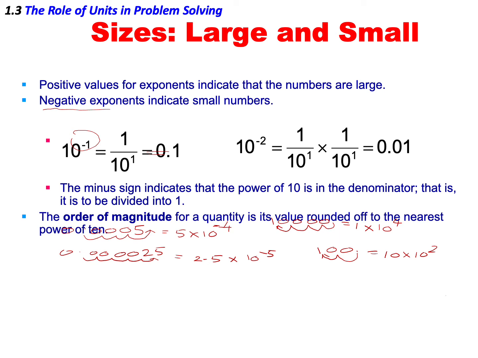The reason I write these small numbers and large numbers with the exponent is there's a reason for writing that, and I will show you in a second.